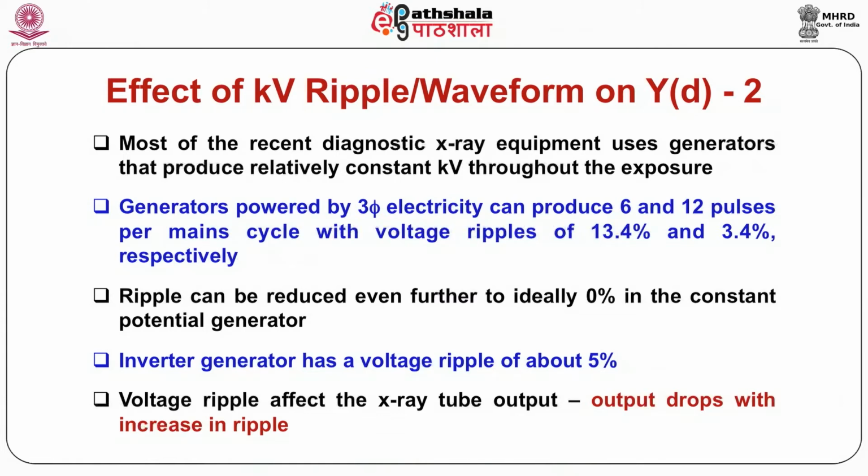Inverter generators consist of circuitry which invert the incoming AC to DC before chopping into a medium frequency 2 kHz or high frequency 200 kHz and then transforming this to a kilovoltage. Such generators can produce a voltage ripple of about 5%. Voltage ripple also affects the X-ray tube output as can be seen in the figure.